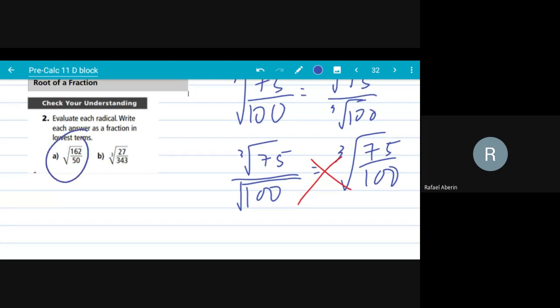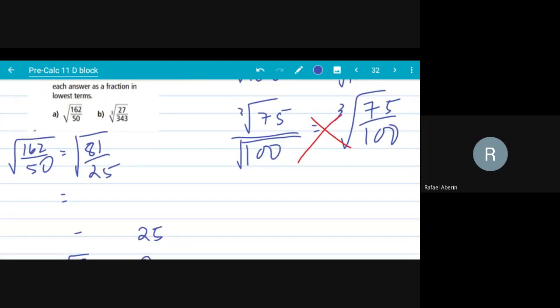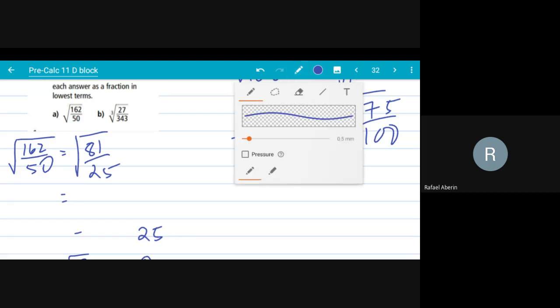What can you do to the root of 162 over 50? Well, notice that 162 can be divided by 2. 50 can be divided by 2. Therefore, we can simplify it into 81 over 25. And those two numbers are perfect squares, right?